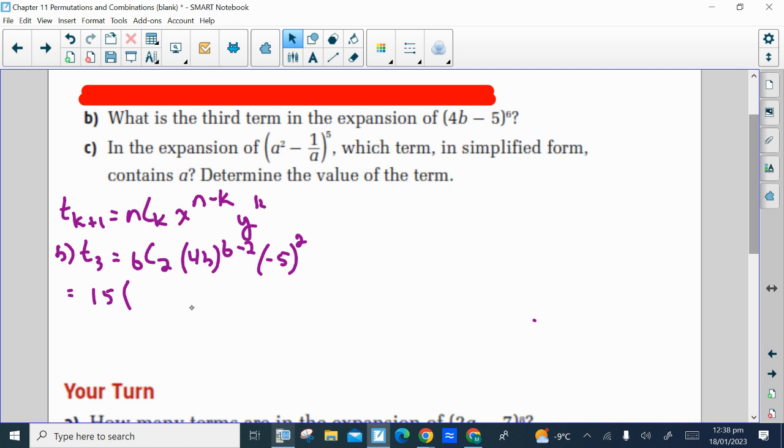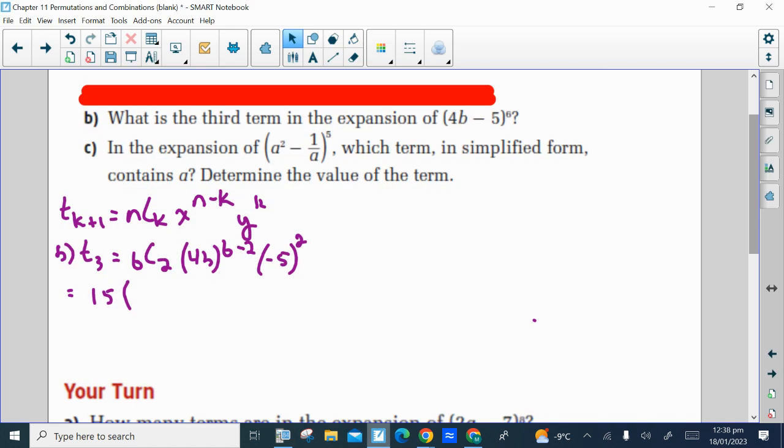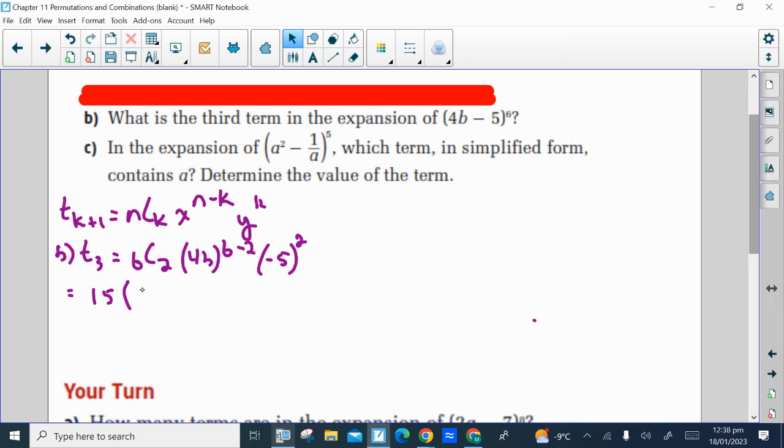When you raise 4 to the power 4, I think that's 256. 4 to the power 4. Yep. So that'll be 256b to the fourth. And then when you square all of negative 5, you'll get positive 25.